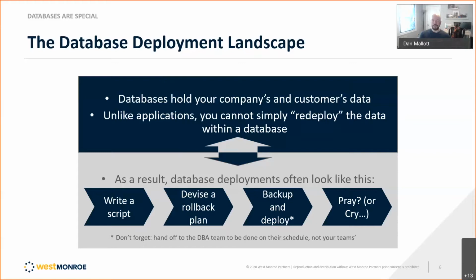As a result, our database deployments often look a lot like: write a script, devise a rollback plan, back up and deploy. Don't forget, you're handing that deployment off to your DBA team to do it when they feel like it, and then pray or cry or just hope that it goes well.